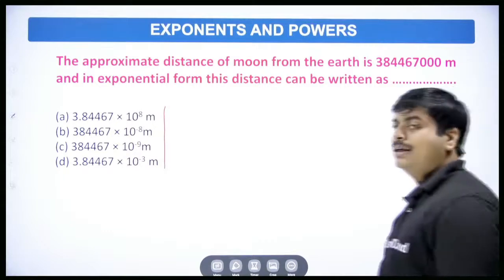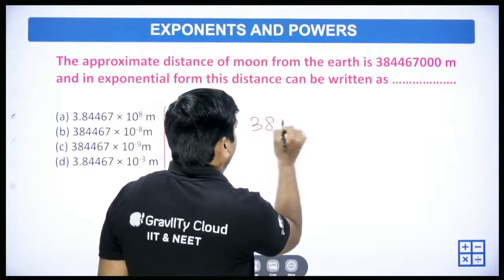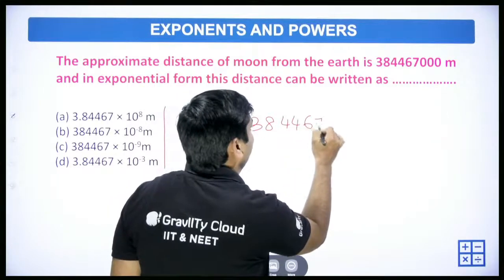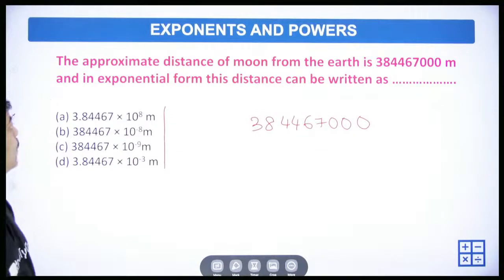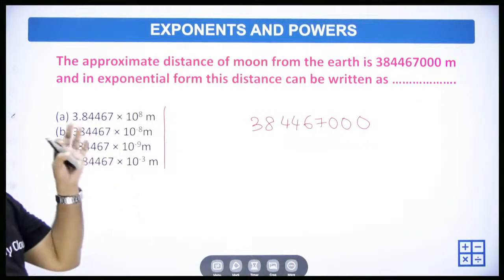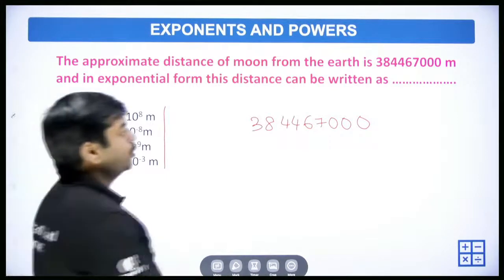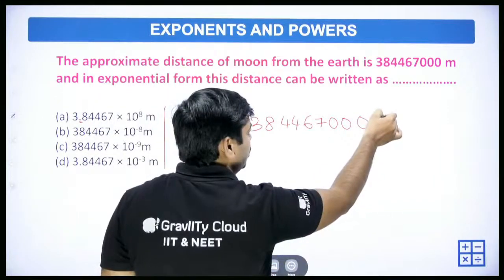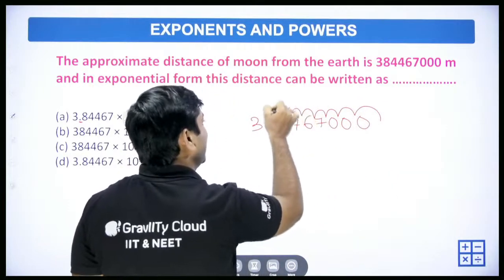Once again, let's try to write the number, 38446700. Carefully see here, we want the decimal point after 3, so we need to bring our decimal from here to 1 2 3 4 5 6 7 8.